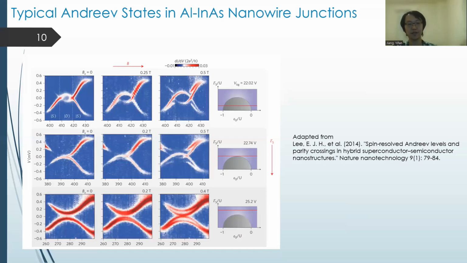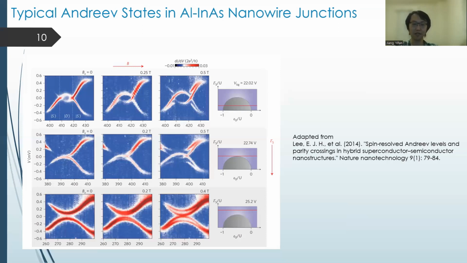The interesting thing is for the regime between the weakly coupled case and the strongly coupled case, you can see that these two curves get attached at zero bias. And at this point, you may feel that this could be a long zero bias peak.